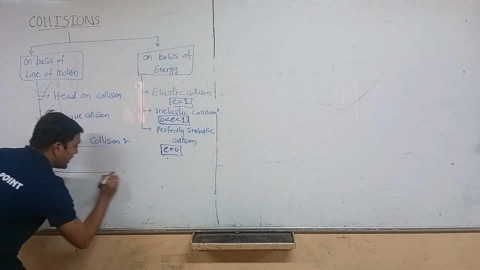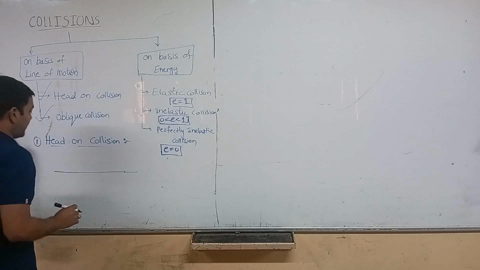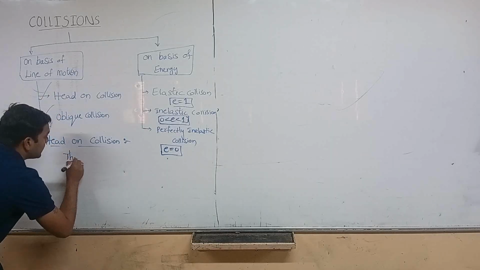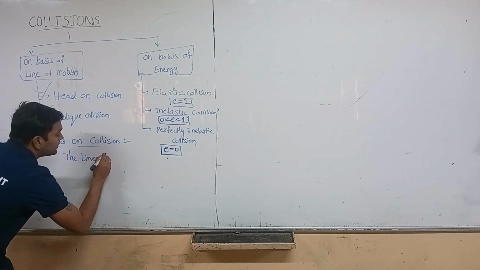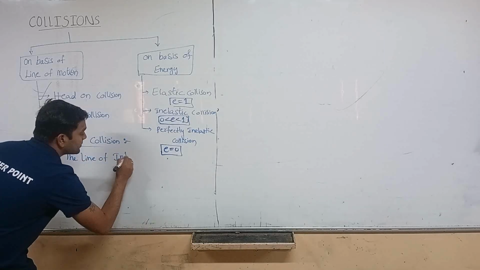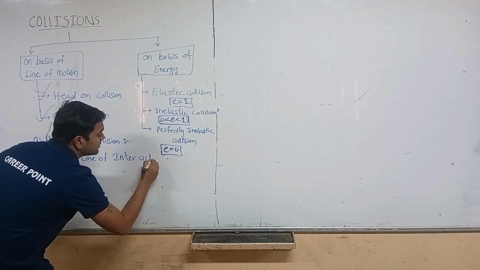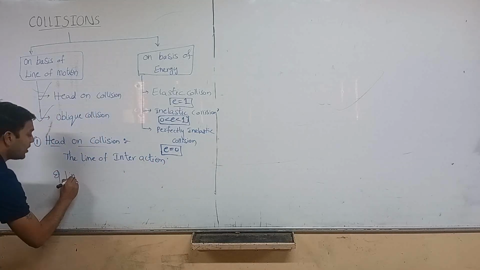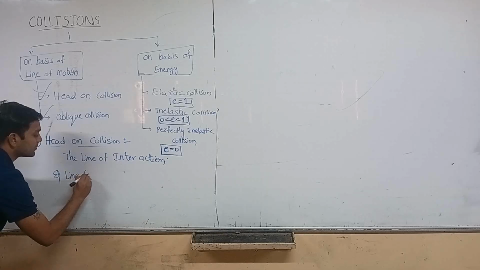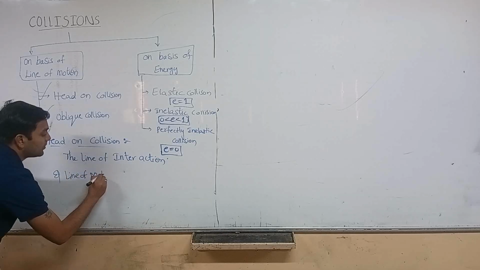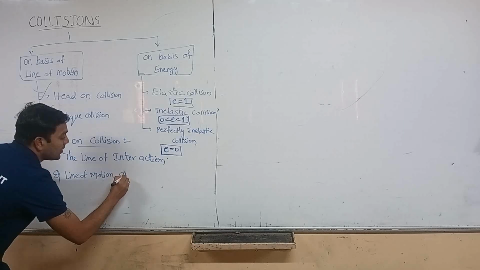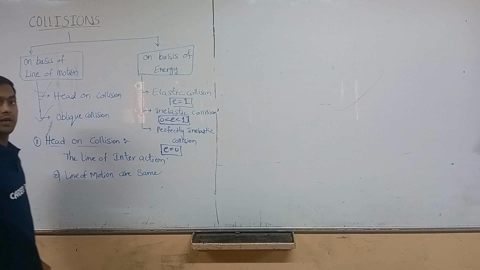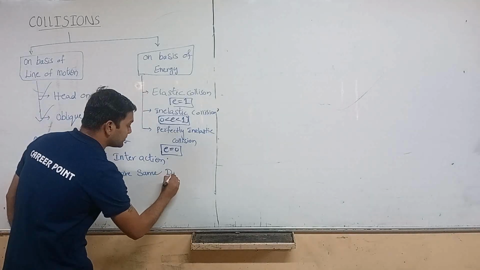Let us first write the definition: in a head-on collision, the line of interaction and line of motion are in the same direction.